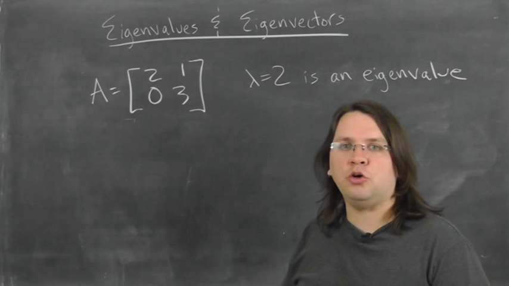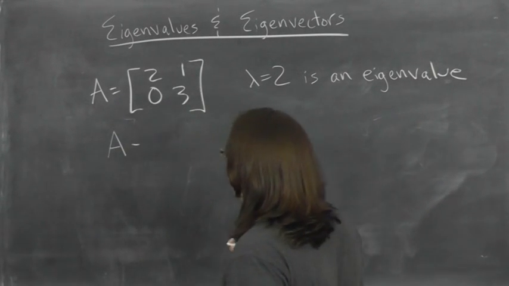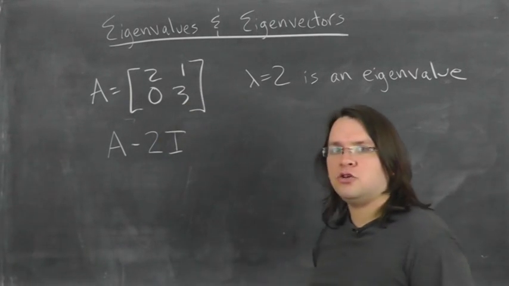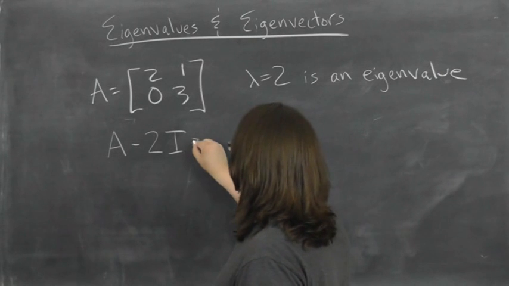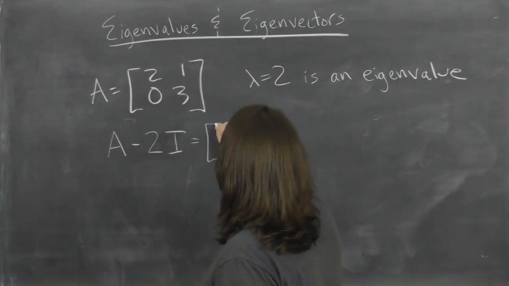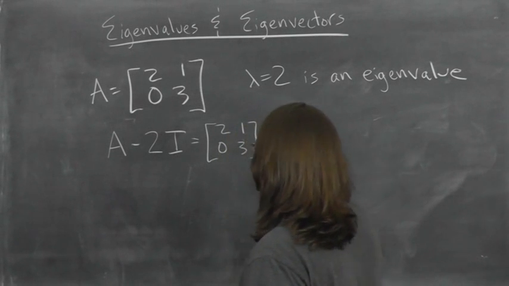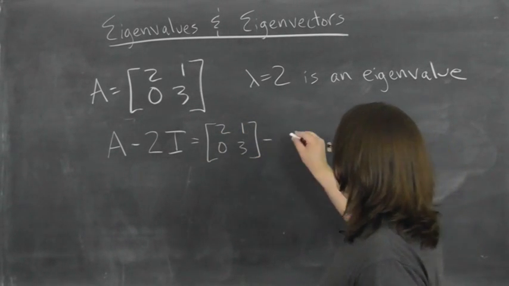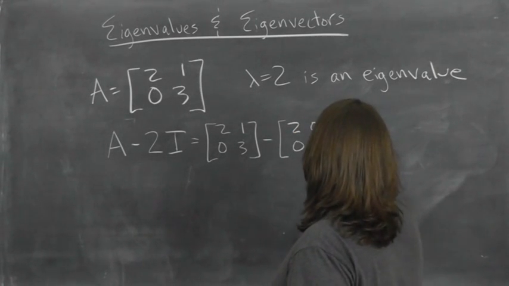And what do I want to do? I want to take A and subtract off 2 times the identity matrix. This 2 is the same as this 2. And what do we get? Well, we get 2, 1, 0, 3 minus, now the identity matrix is 1, 0, 0, 1. So twice the identity matrix is 2, 0, 0, 2.